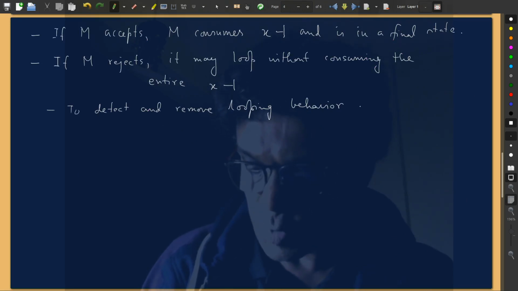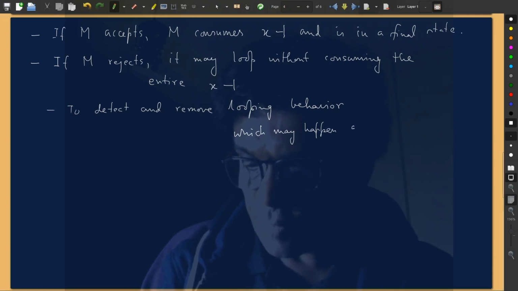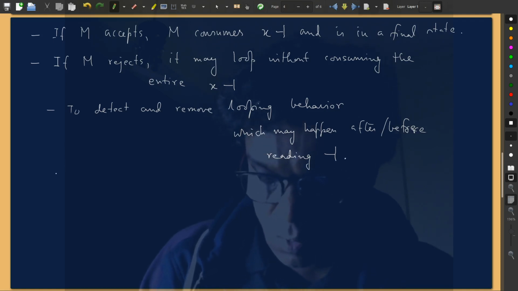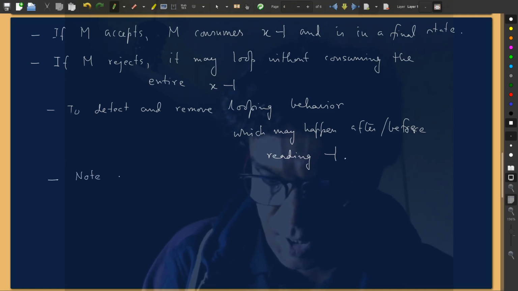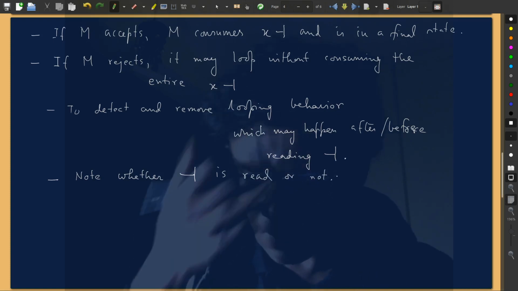So to detect and remove looping behavior, which may happen after or before reading this, as the example illustrates, we have to take note whether this is read already or not. Okay. So this is one thing.